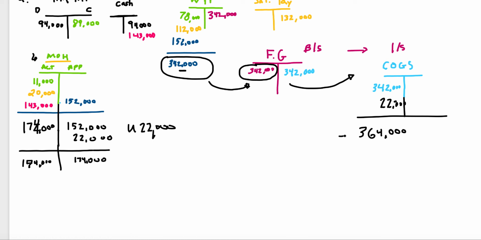This right here is the adjusted cost of goods sold. This original amount that I had is my unadjusted cost of goods sold. Okay?